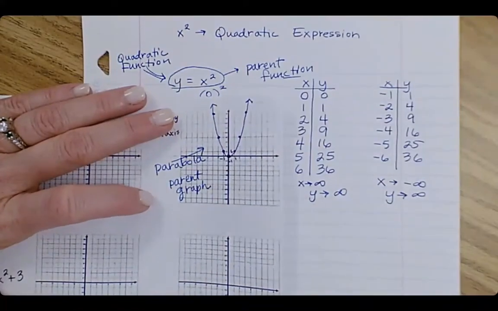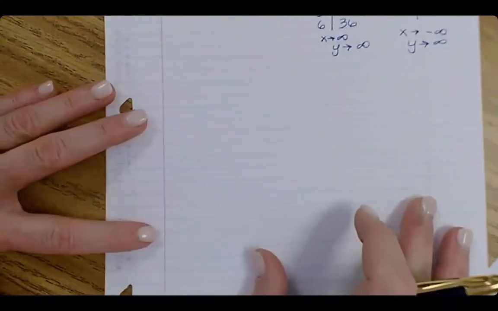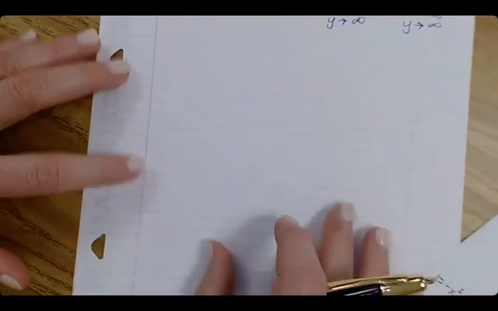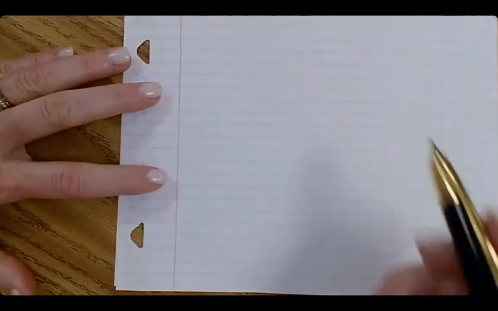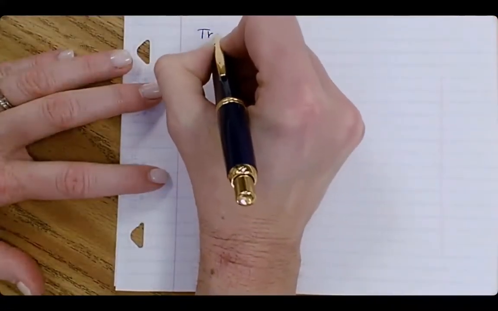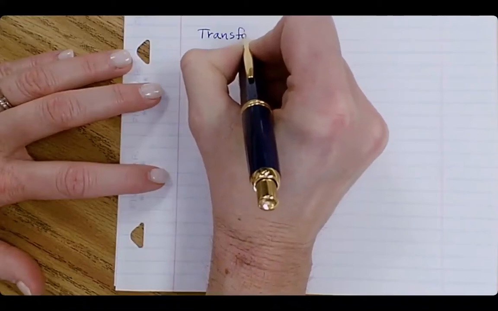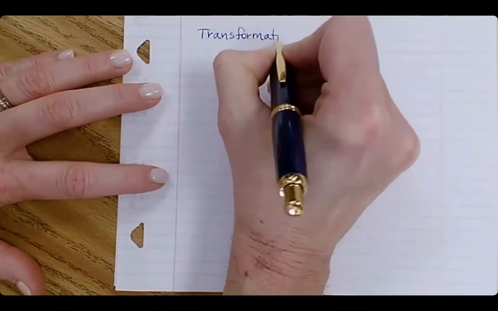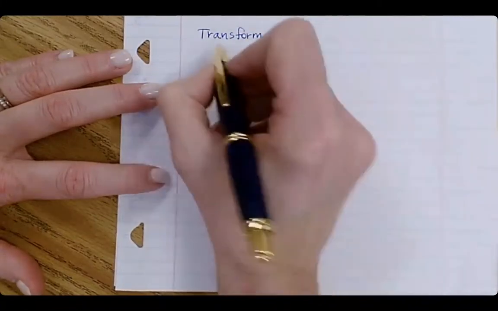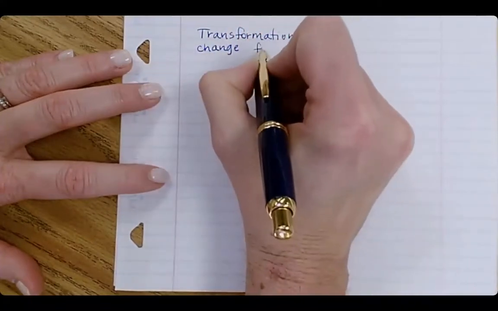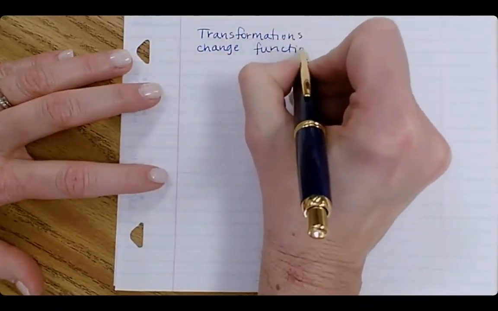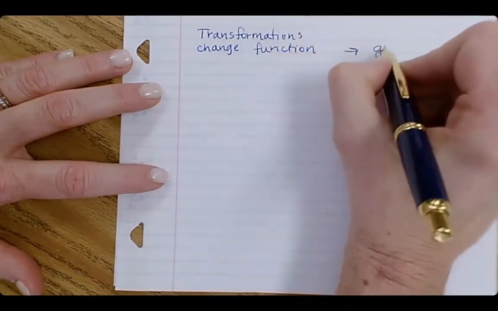What we're going to see is there are transformations that can change the function and therefore the graph.